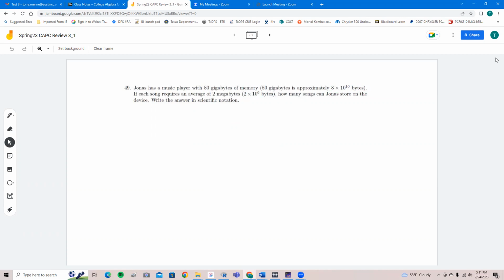Okay, so we have a device that has a certain amount of space, and we want to know how many songs can be stored in there, and we're told how much space each song takes up.